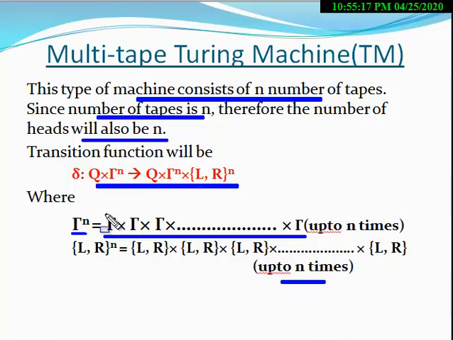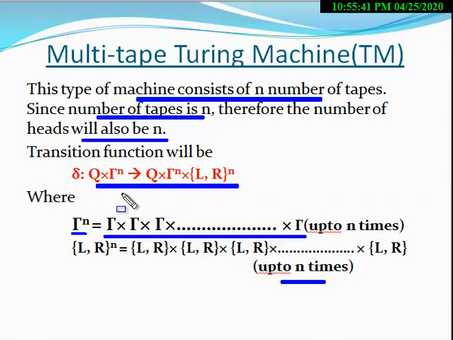right? Now in this transition function, what will be the number of inputs? In this Turing machine, the number of inputs will be n plus 1: one input corresponding to the state and n inputs corresponding to the tapes.